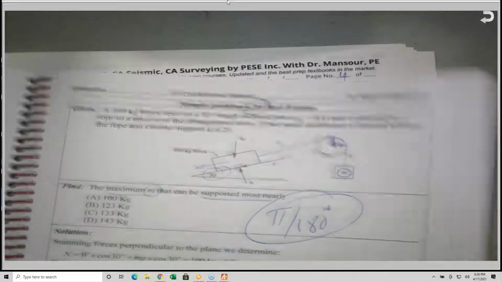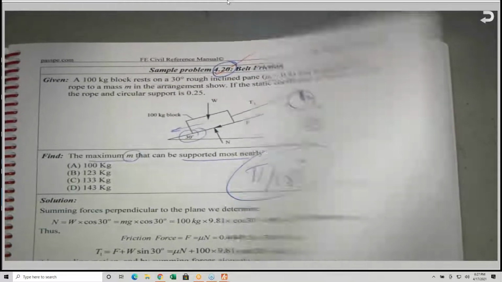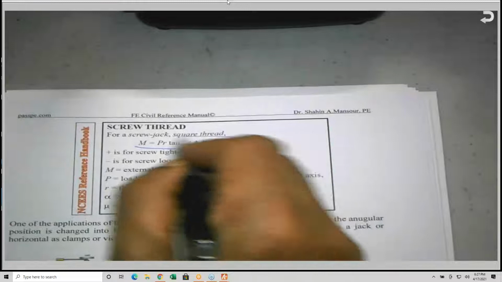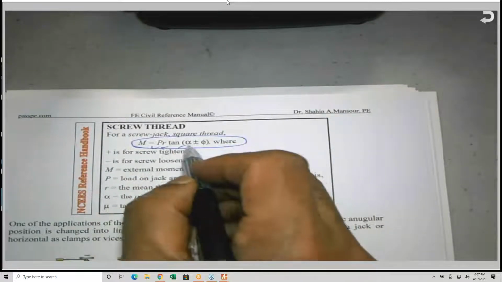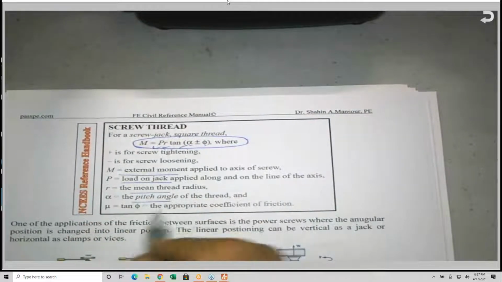This is also another good problem. We're applying equilibrium equations, it's straightforward, and I'm sure you will come up with questions. The screw thread is also another area where the moment is given by this equation, and all these parameters, P, R, alpha, and theta, are defined for you.